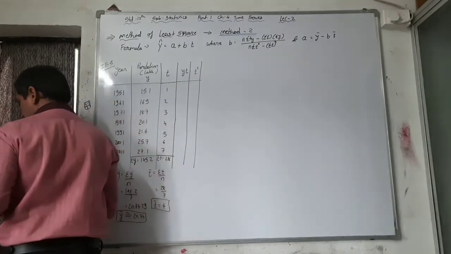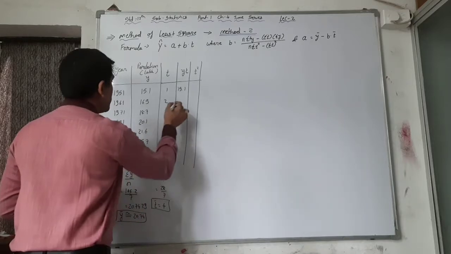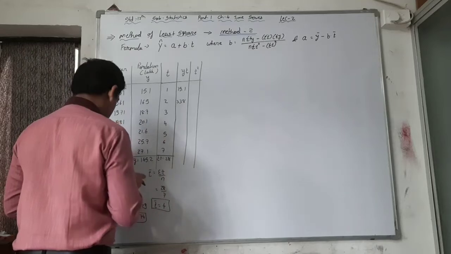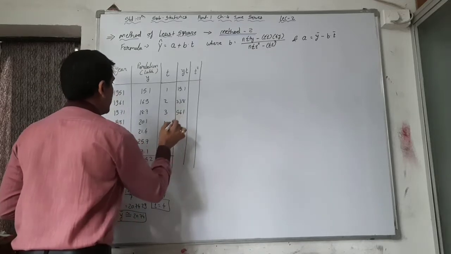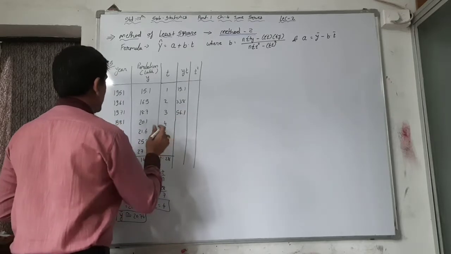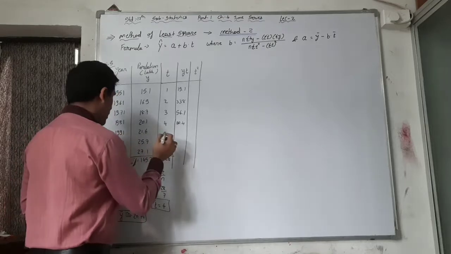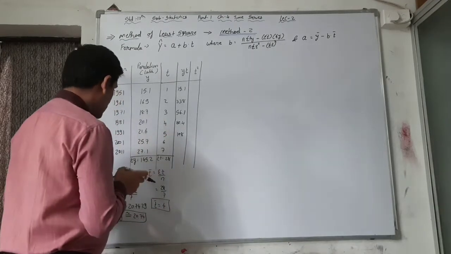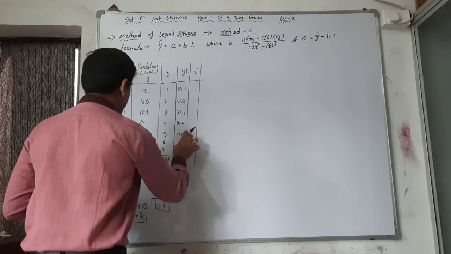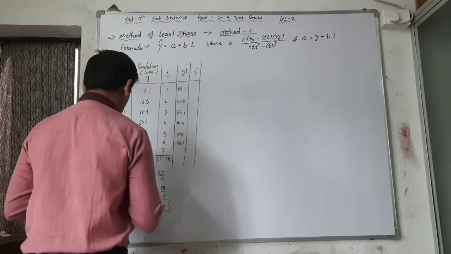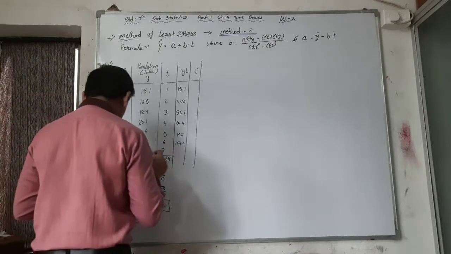So first of all multiply this. 15.1 into 1, that is 15.1, 16.9 into 2, 33.8, 18.7 into 3, 56.1, then 80.4, then 21.6 into 5, 108, 25.7 into 6, 154.2, 27.1 into 7 is equal to 189.7.